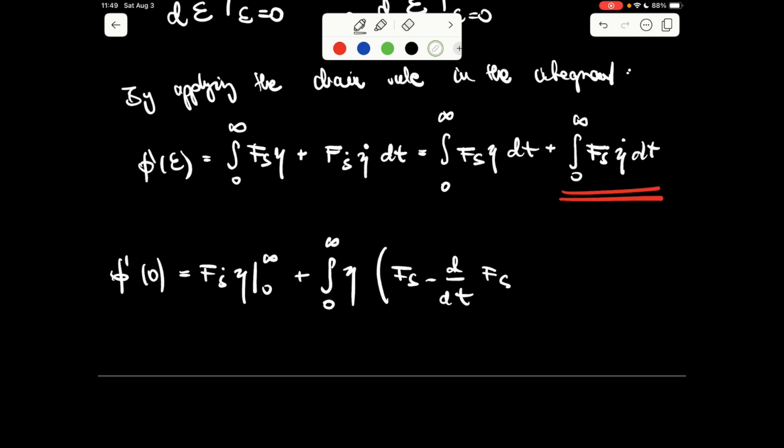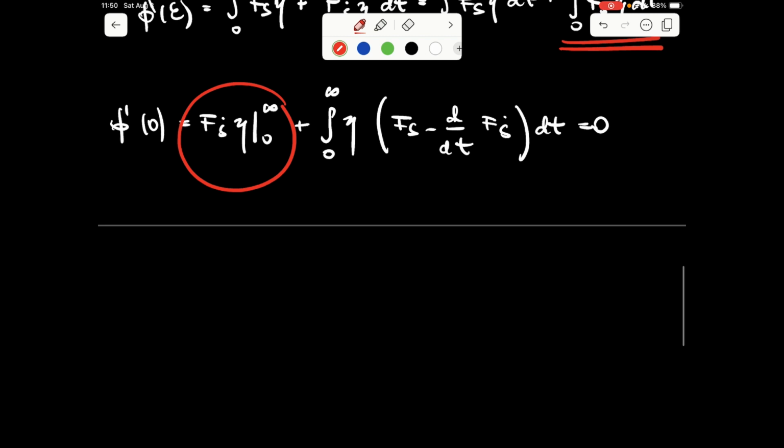We are approaching the finish line. So this is what we get after integrating the second term on the right by parts. By definition, mu 0 is 0, and at the far end mu t is also 0, so this first term vanishes. We have nothing to do with that.